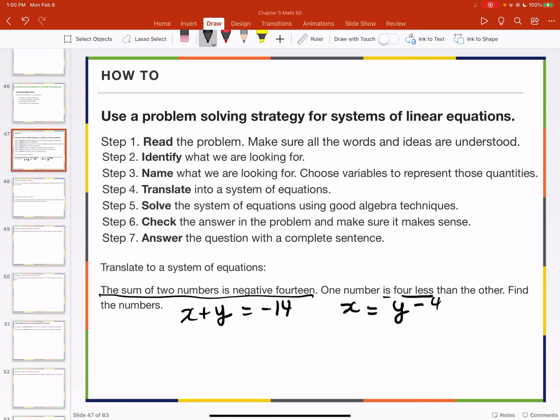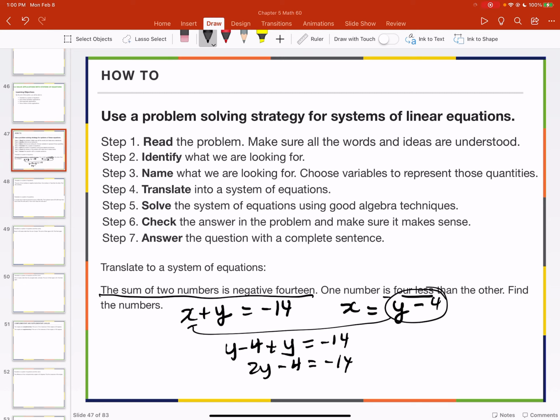So find the numbers. Because I solve for one in terms of the other, I'm just going to use substitution in this case. So y minus 4 plus y is equal to negative 14. Then we get 2y minus 4 is equal to negative 14 plus 4.